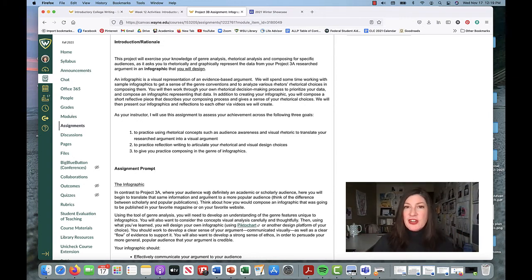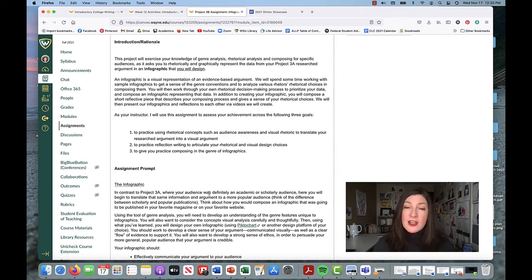And as you're going to see in this week's homework, there are conventions or things that are usually true in and across all infographics. Here, I'm going to lead you through some analysis and some familiarity to get yourself comfortable with the genre, and then I'm going to ask you to make your own.